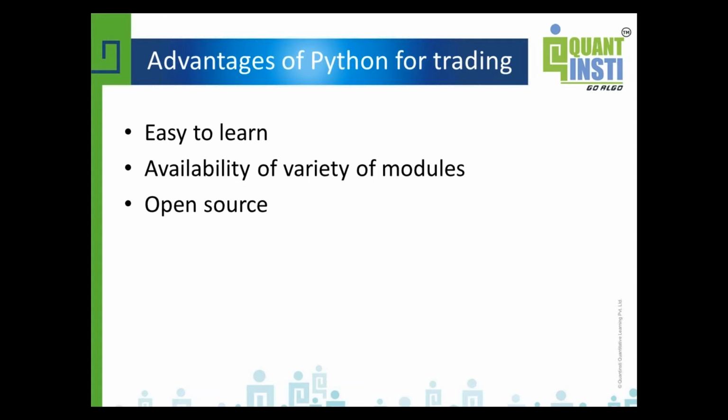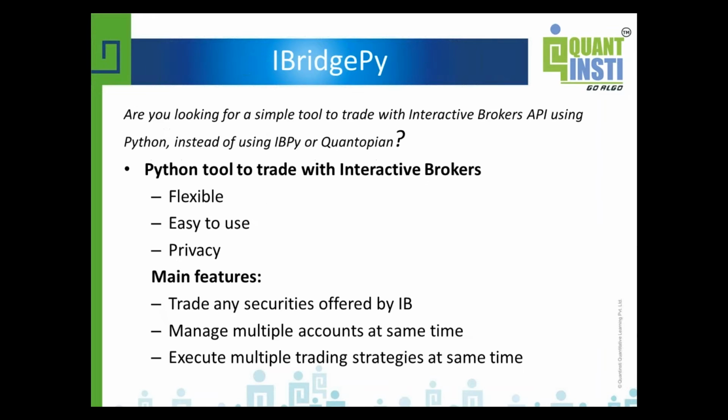Second, Python is an open source program, and there are a lot of very useful modules that you can download in a few minutes and start to use. Third, as an open source programming language, you can easily understand what's behind the scenes, and you can understand the details of your program easily in Python.